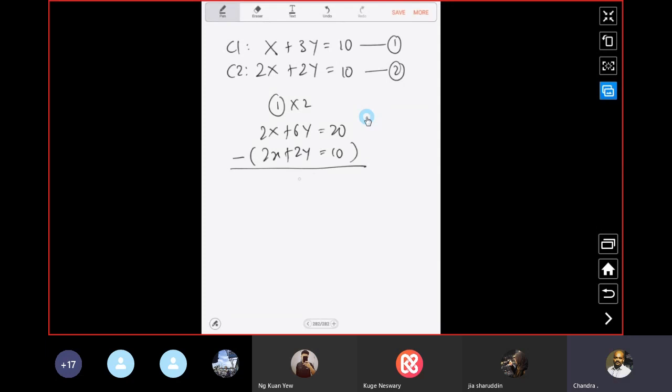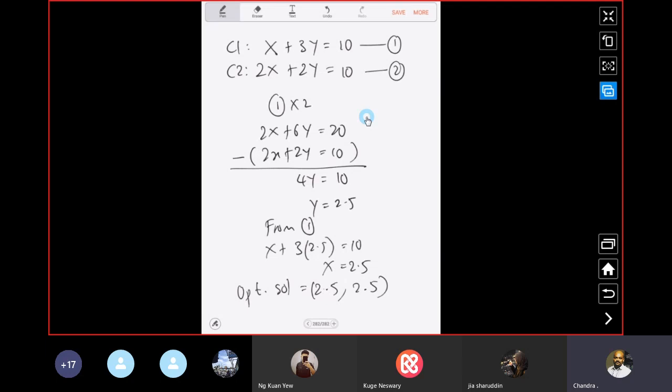Minus this, you will get 4y equals 10, y is 2.5. From 1, my x is 2.5. My optimal solution is now 2.5, 2.5.